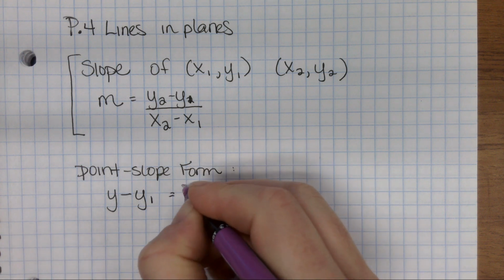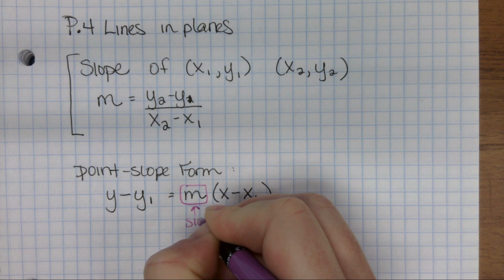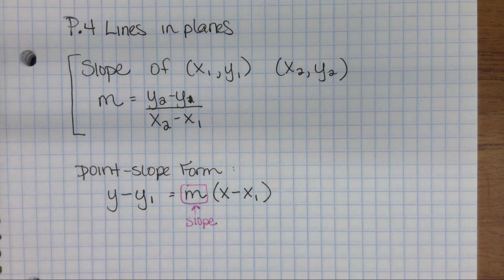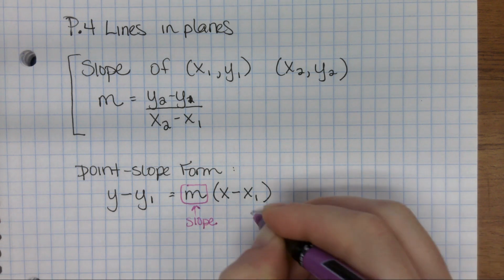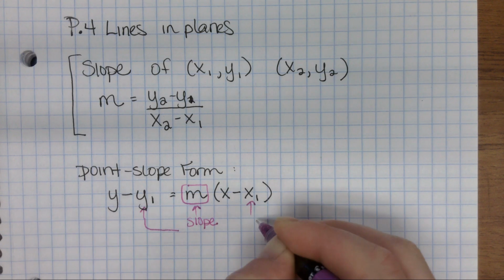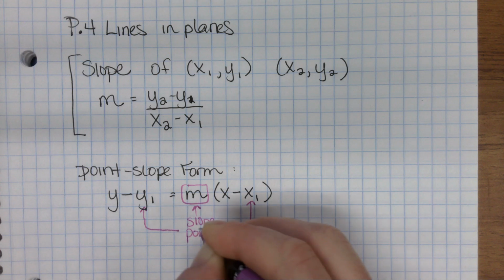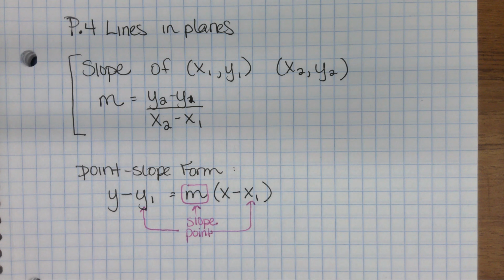M is our slope, and x1, y1 is our point. So it will be specifically like maybe it's the point 2,4 or something like that.